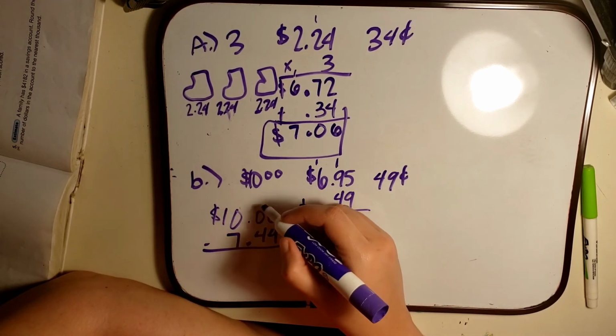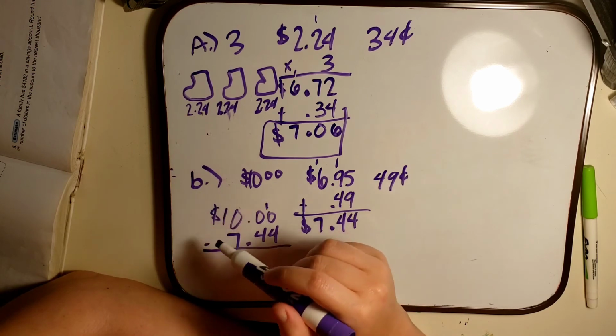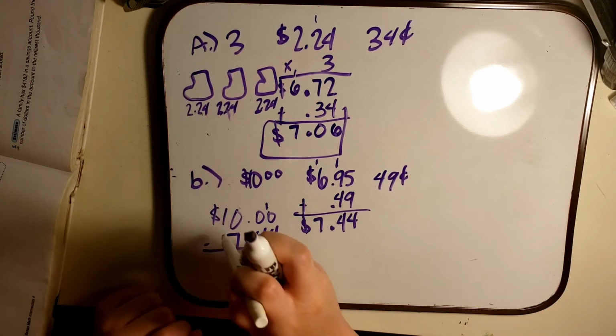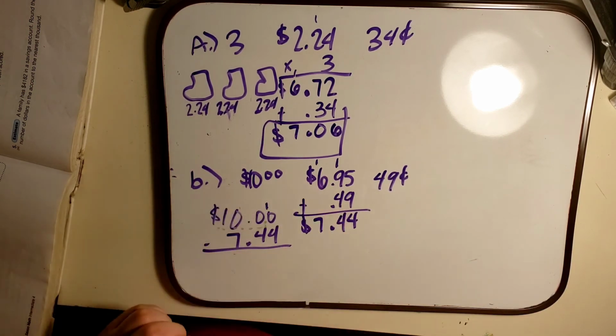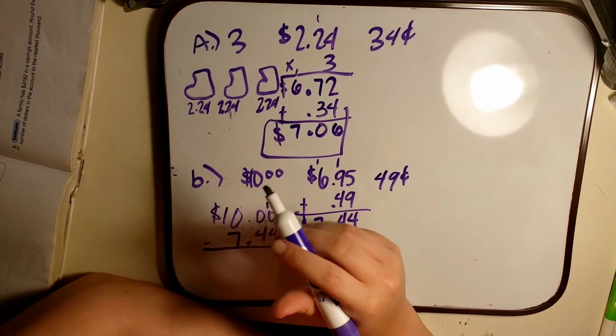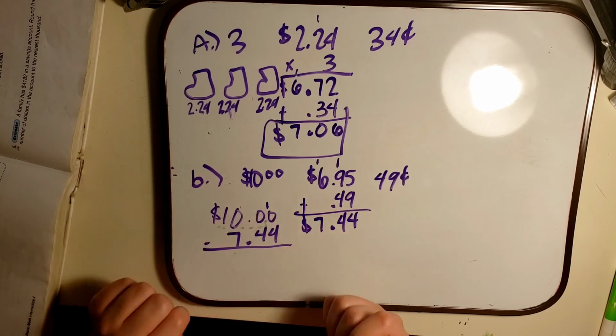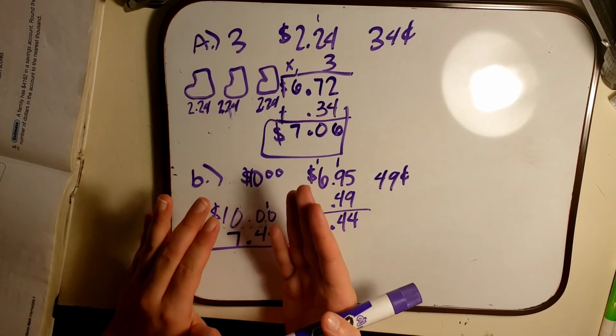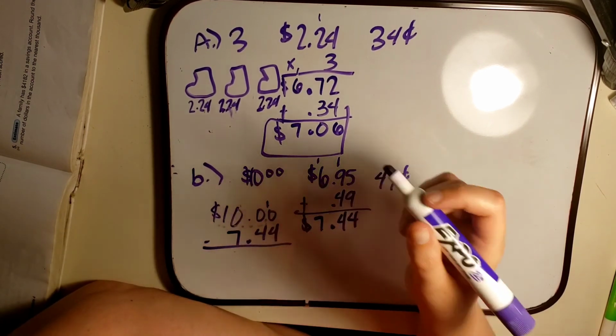So 4 can't be subtracted from 0, so make that a 10. Again, if it's all zeros and then a number, we can just take 1 away from like 100. So 100 minus 1, you get 99.